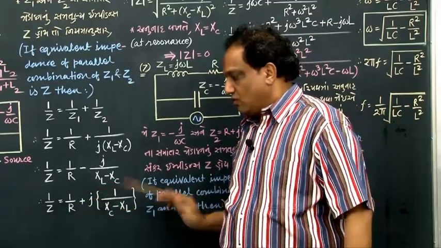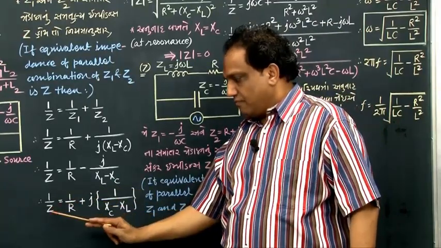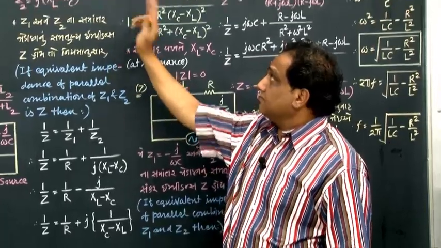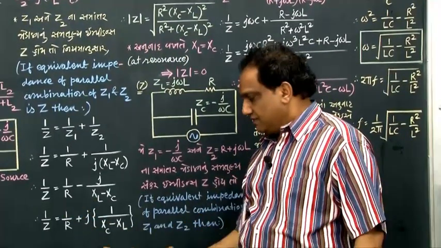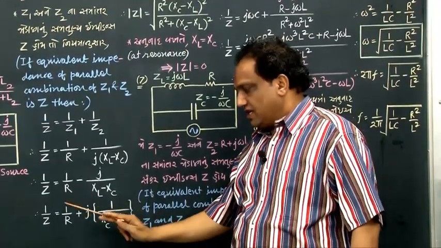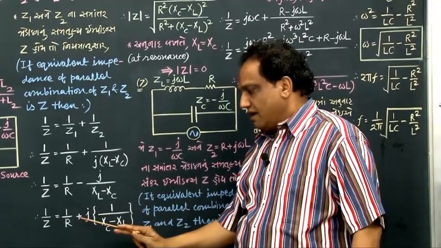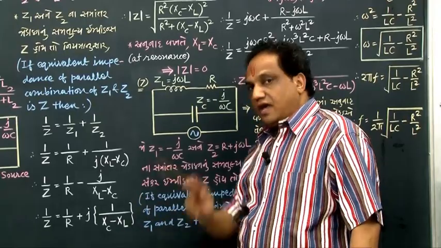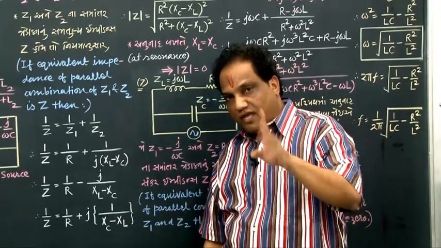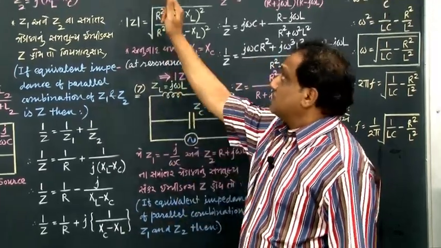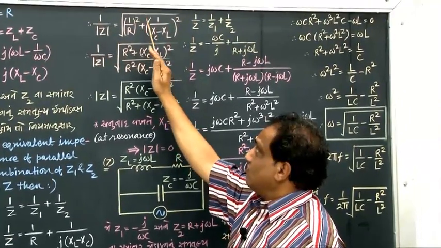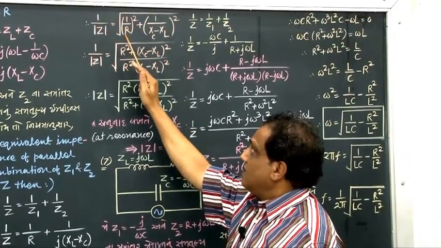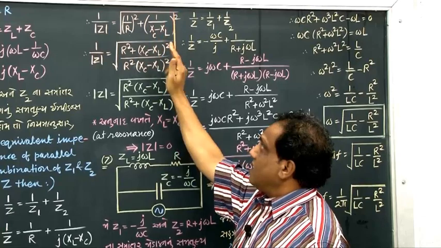Now take magnitude on both sides. 1 upon magnitude of Z I have written here. Now this is a complex number in which, without j, this is the real part and the coefficient of plus j is the imaginary part. And you know, the magnitude of any complex number can always be written as the square root of the sum of squares of its real and imaginary parts.